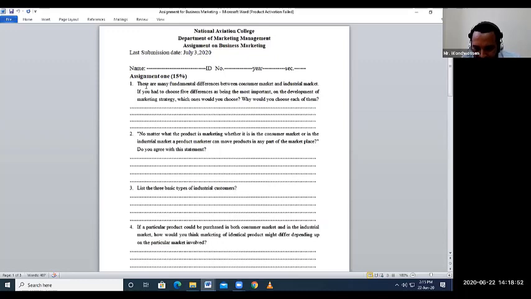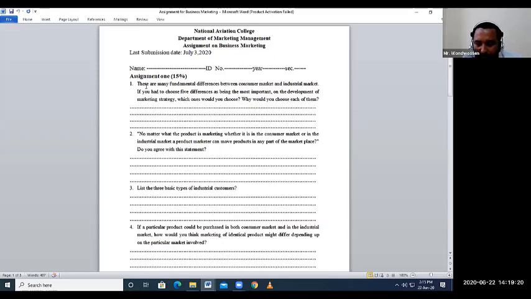So when we set a price for the industrial market, we have to consider other things. Since industrial product demand is price inelastic, or price insensitive, whereas almost all consumer products are price sensitive.